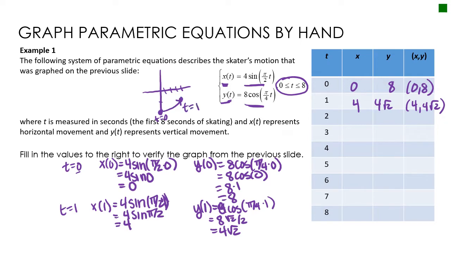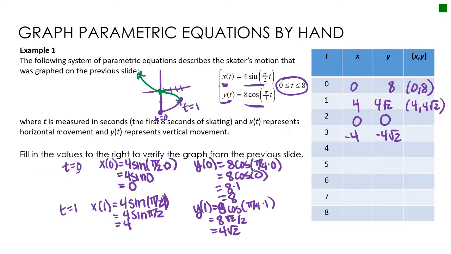You're going to continue this for t equals 2, 3, 4, 5, 6, 7, 8, and you'll end up getting the following values: (0, 0), then (-4, -4 root 2). If I were to graph this, (0, 0) is here, so it goes from here to here, and then (-4, -4 root 2) is about right here.